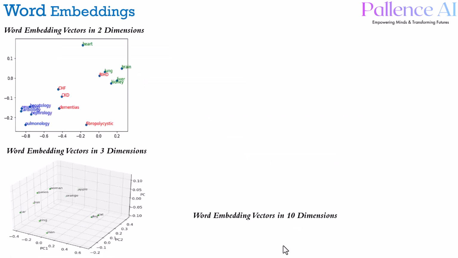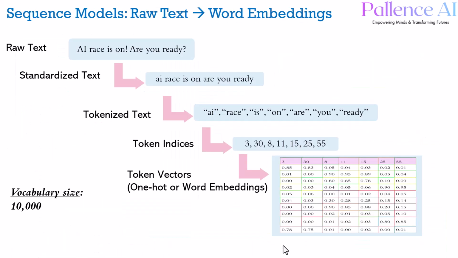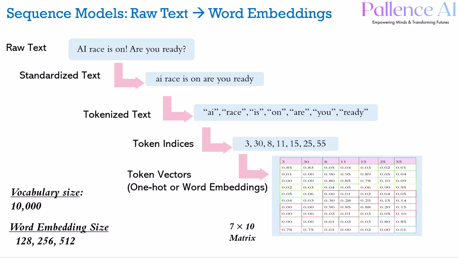But when you go to the word embeddings, it not only gives more meaning to each of your words rather than simply using a one hot vector, but your size is also going to be much smaller. Here I'm just showing a 10-dimensional vector, so I said 7 by 10. But in practice, this could be 7 by 128 or 7 by 256. It's much smaller than 7 by 10,000 for the one hot vectors.